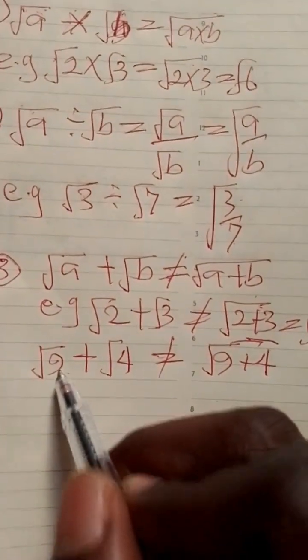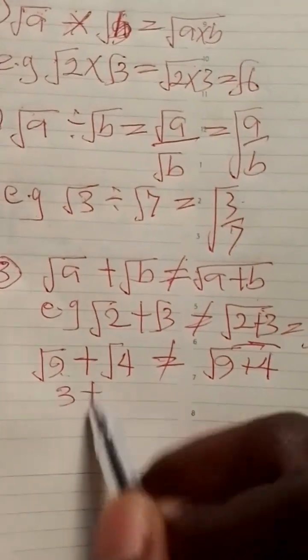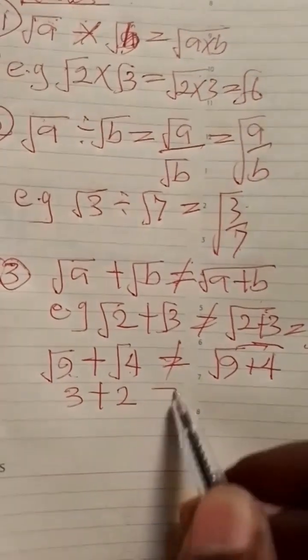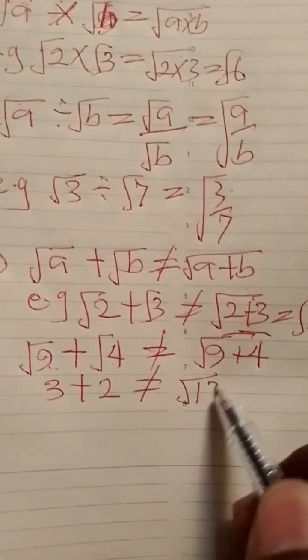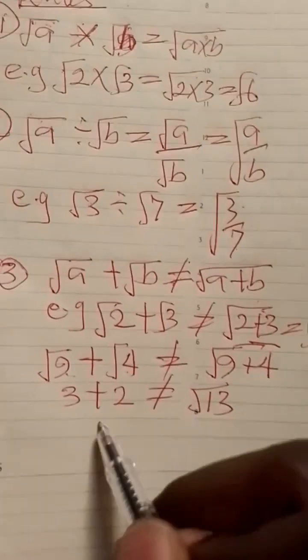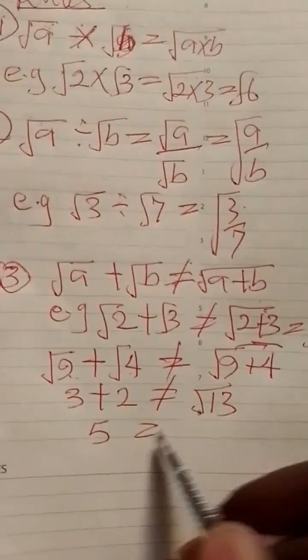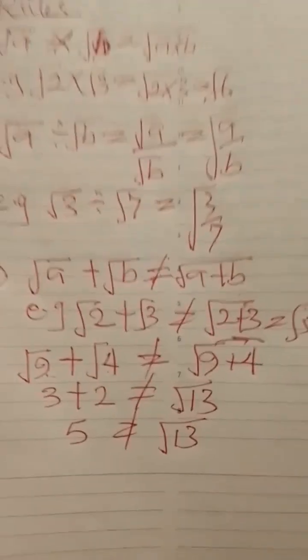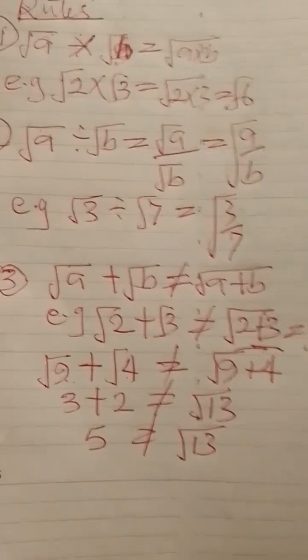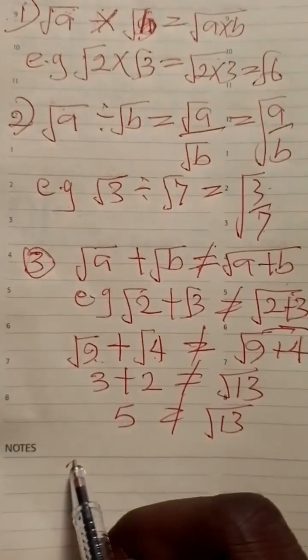The square root of 9 is 3. The square root of 4 is 2. But 9 plus 4 is 13, and root 13 can never give us 5. It's not possible. Did you get that? Root 13 should be 3 point something. Now, that's the third law.